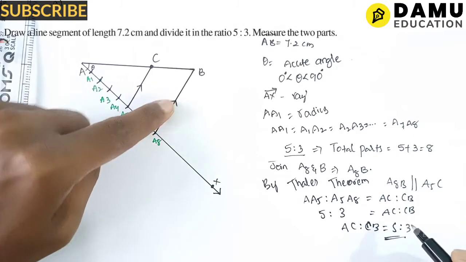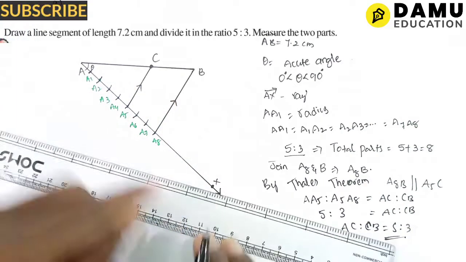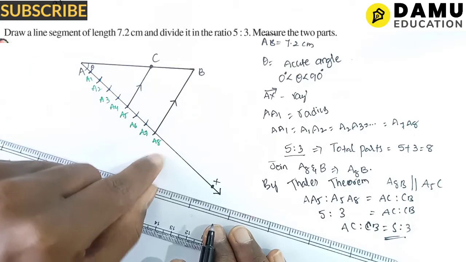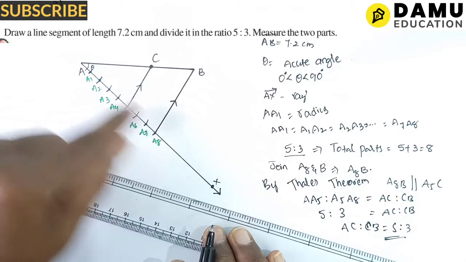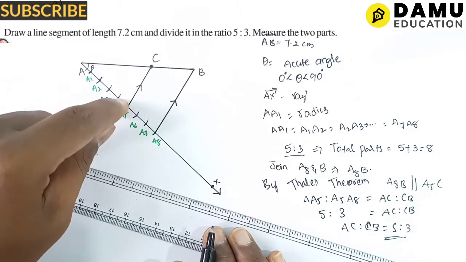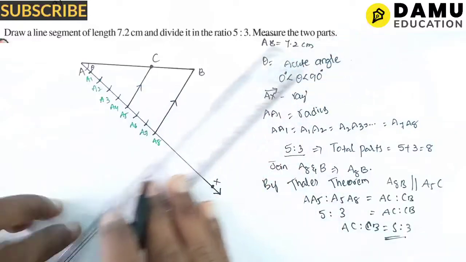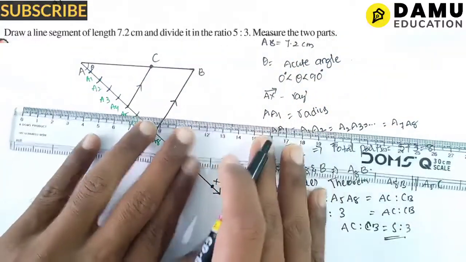Now let's measure these by Thales theorem. If any line is parallel to the third side, then this parallel line divides the other two sides into equal ratios. Based on that, let's measure AC.